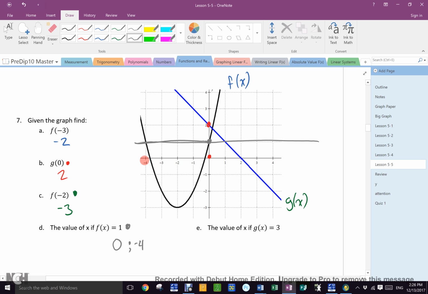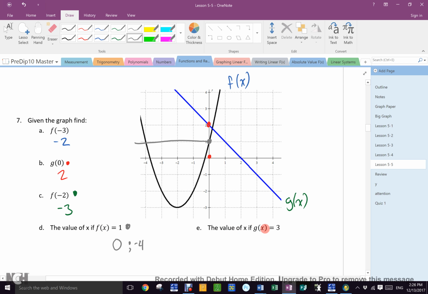But is the blue line included? No, no, no. Because this was only the f, the curve graph. We're only looking at f. Oh, okay, I see now. That's why we give them names, Taylor.